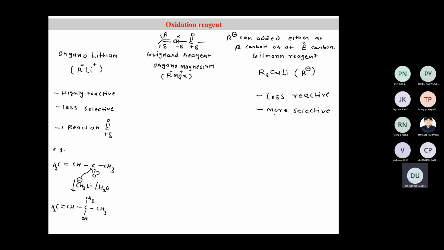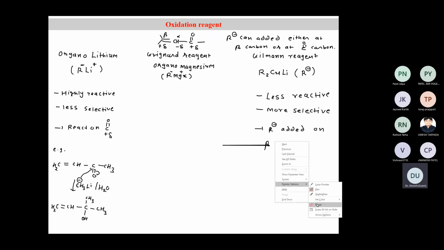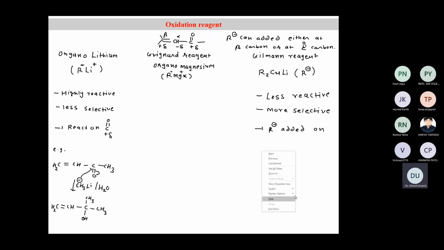The reaction takes place at the beta carbon; R minus is added on the beta carbon itself.